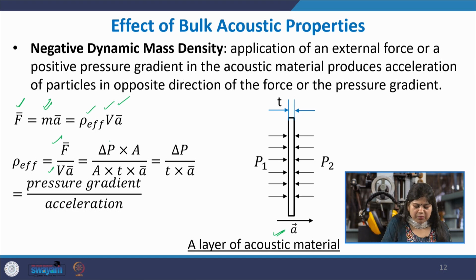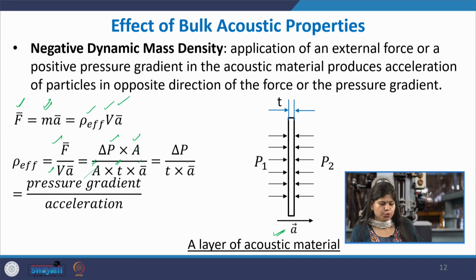F could be given by del P multiplied by A, the net pressure change multiplied by the cross sectional area of the fluid, which will give you the net force acting on that particular fluid element. And volume is what? The cross sectional area of the fluid element multiplied by the small thickness of the element under consideration, and this is the acceleration. So, these cancel out. What you get is del P by T into A.